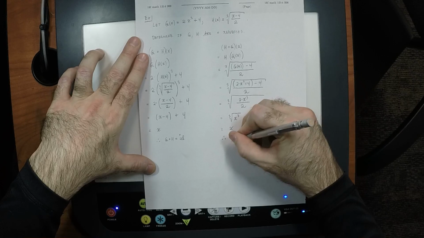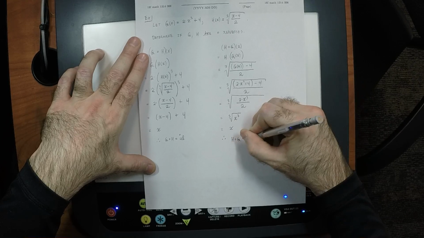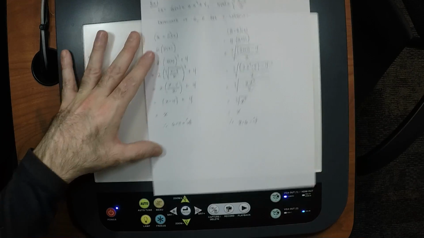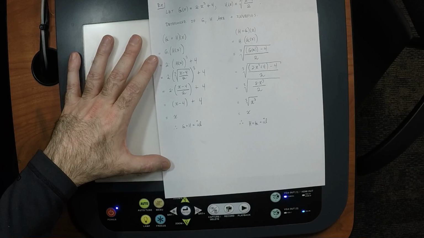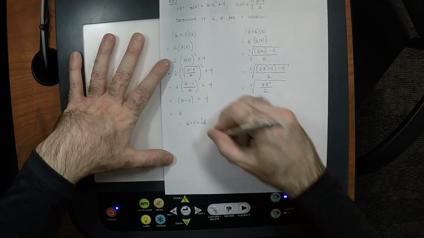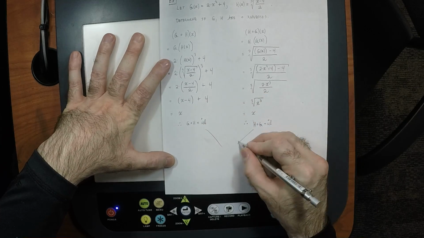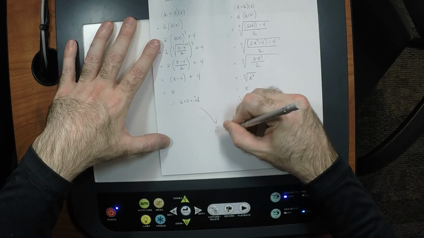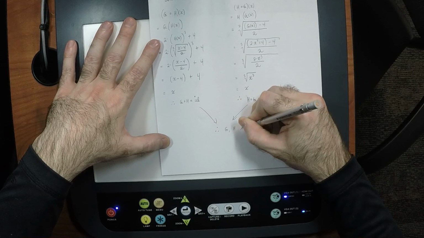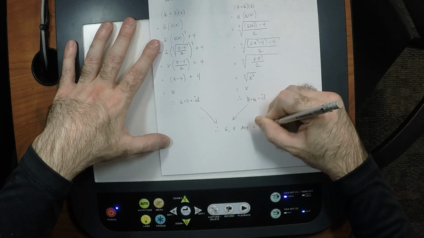Yeah, therefore H composed with G is the identity. So what's our conclusion about these two? They're inverses. So taking those two together, we can say therefore G and H are composition inverses.